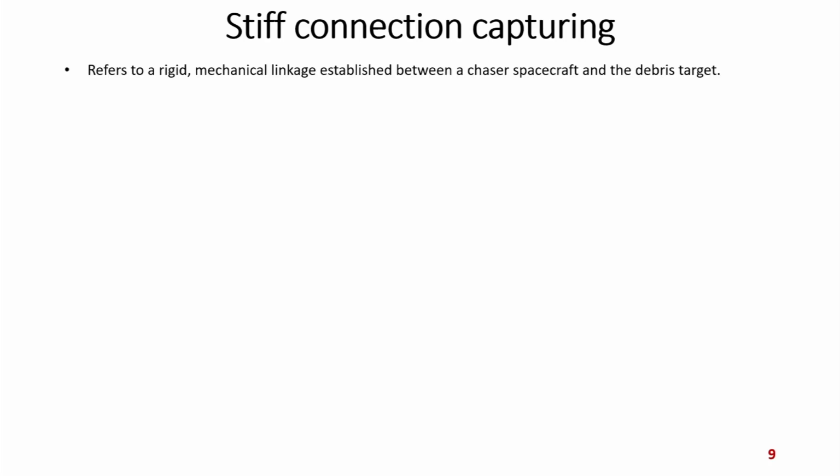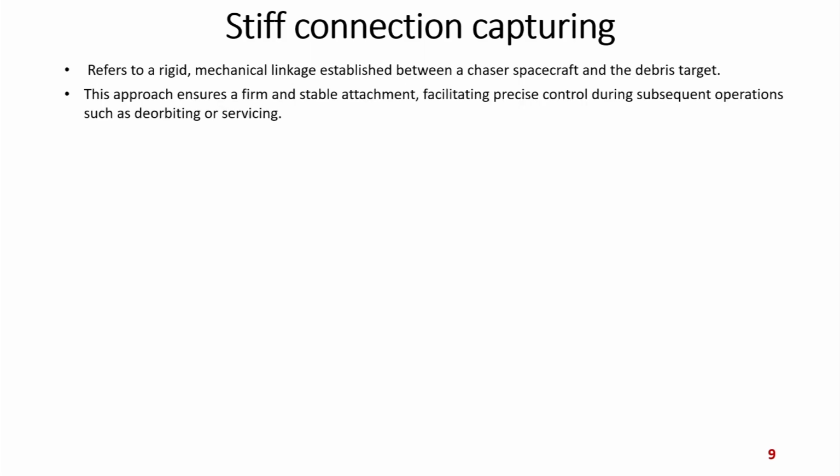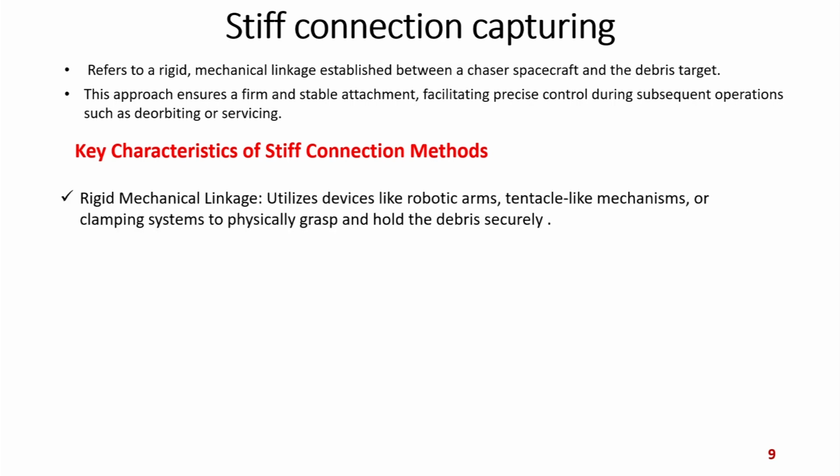So, we will now see the stiff connection capturing. What is stiff connection capturing? It refers to a rigid mechanical linkage established between a chaser spacecraft and the debris target. This approach ensures a firm and stable attachment, facilitating precise control during subsequent operations such as deorbiting or servicing. Now the key characteristics of this method.